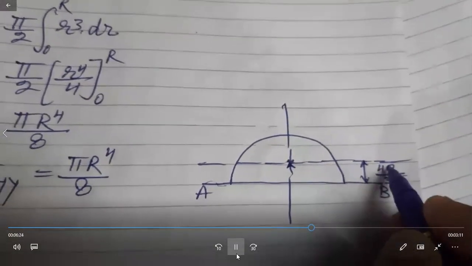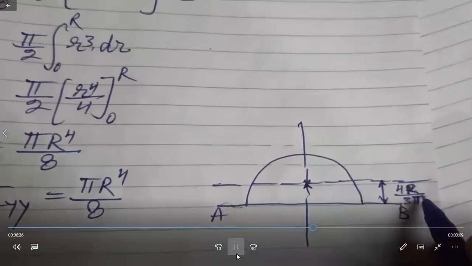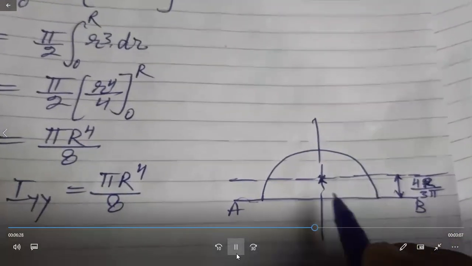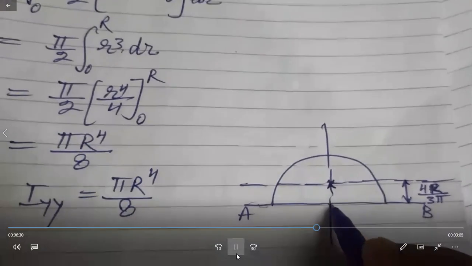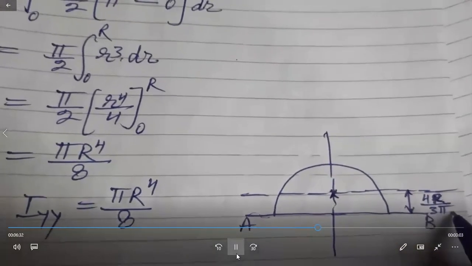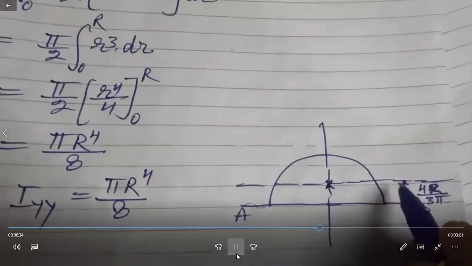We have studied in the chapter of centroid that this centroid is lying from here at a distance 4r by 3 pi.